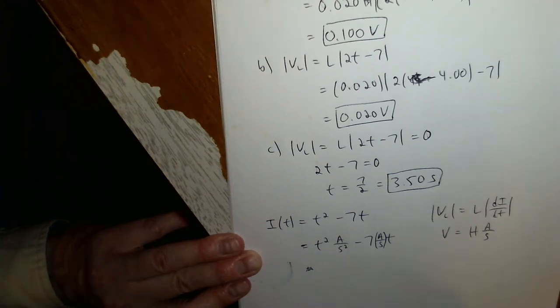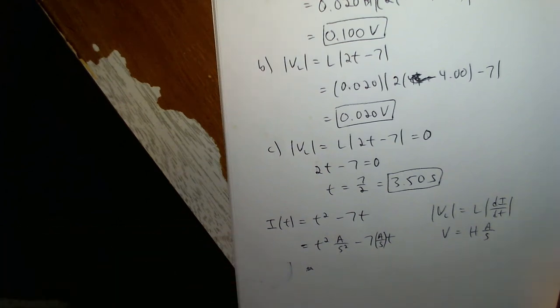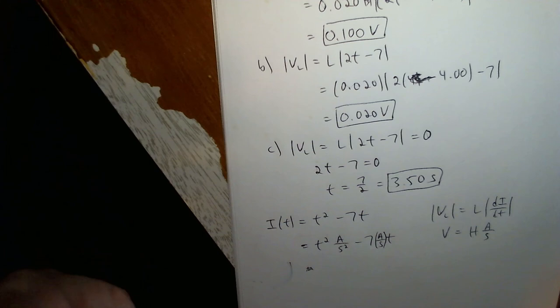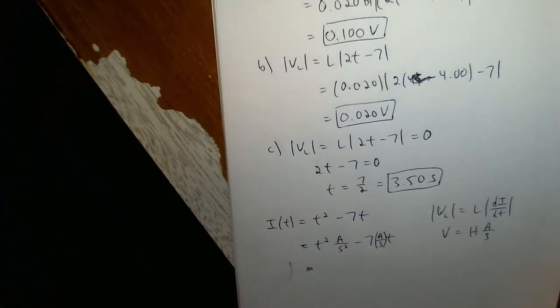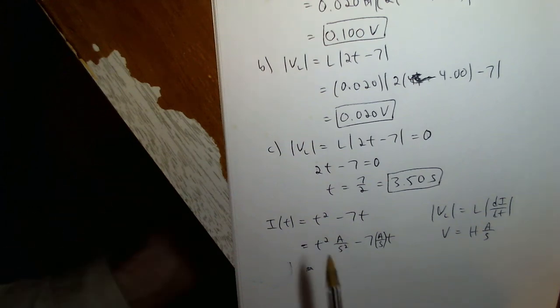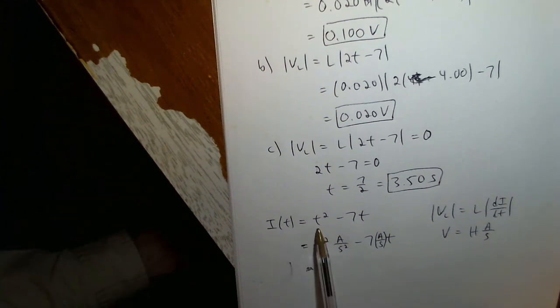And so we didn't show the units that went along in the current with these terms. They were meant to be understood. So basically, if you want to follow the units through, just remember that each term in the current is actually amps.